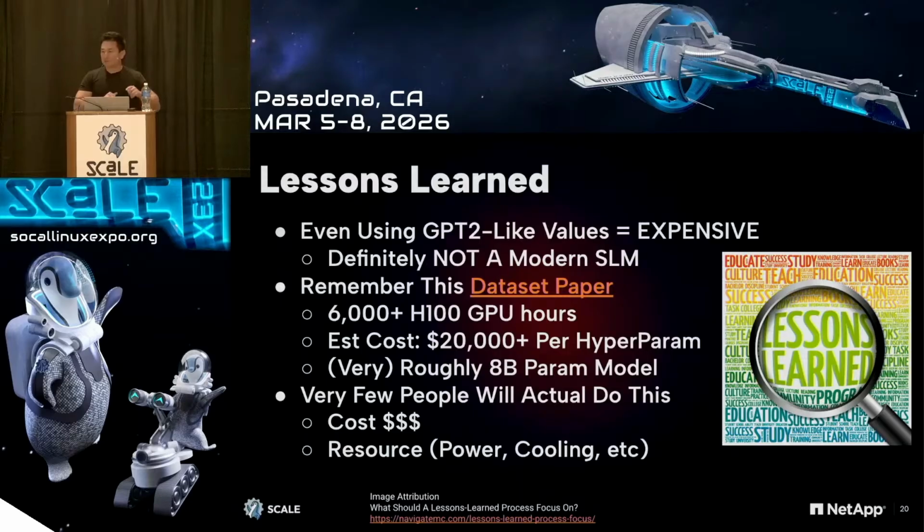If you do the math on that, the estimated cost to run this model to completion, which I'm not going to burn on just showing you this model, would be 20,000 K per hyperparameter, which then gets you to the roughly 8 billion parameter model that you would typically see in a small language model. So what is the takeaway of this?